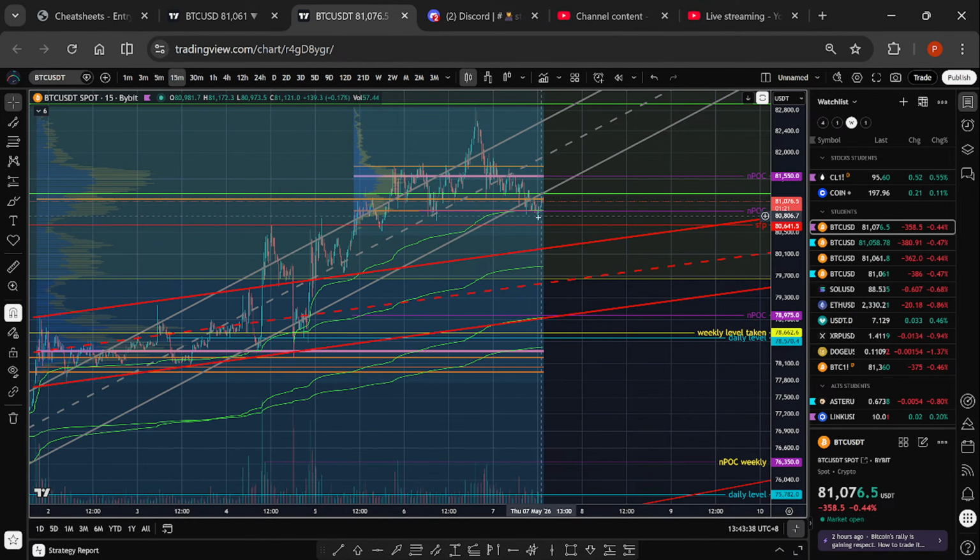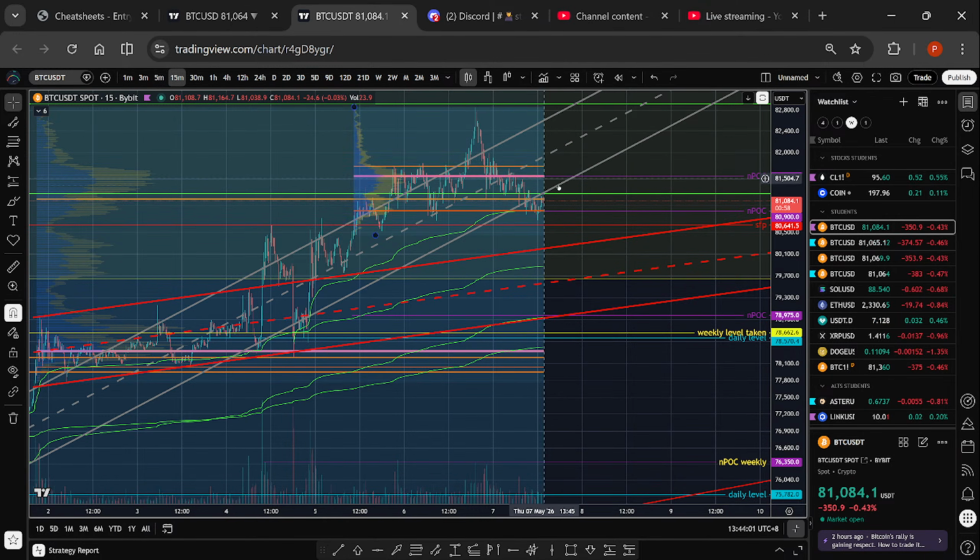So we can see some sort of reaction here, which we've had. And now what we want to see is this get back above the larger fixed range value area high and break through this fib level here and move back up.